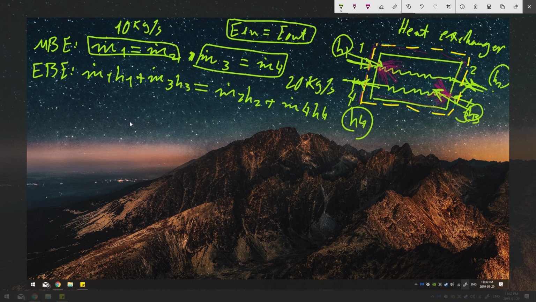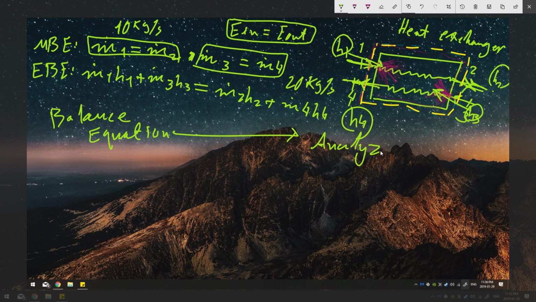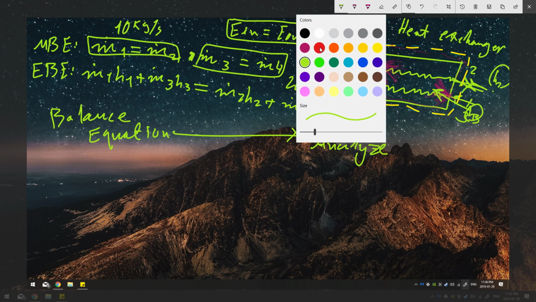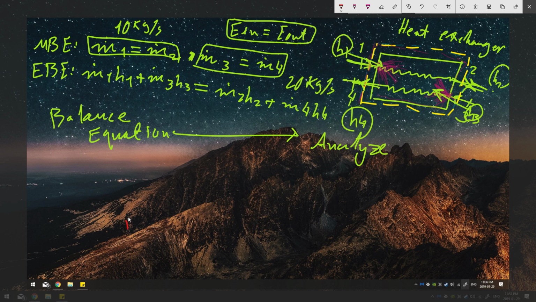So again, going with a really quick summary, balance equations help you analyze the systems that you have in your cycle, right? So usually you'd have a big cycle, like let's say here I'm going to draw a real quick cycle. Let's make a compressor, right?